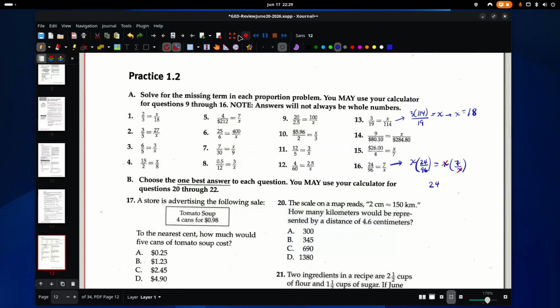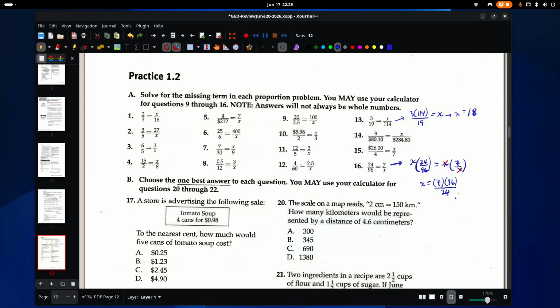Actually, let's do it this way, 24 over 96. So we're going to multiply both sides by 96 and divide by 24. So x therefore is equal to 7 times 96 over 24.